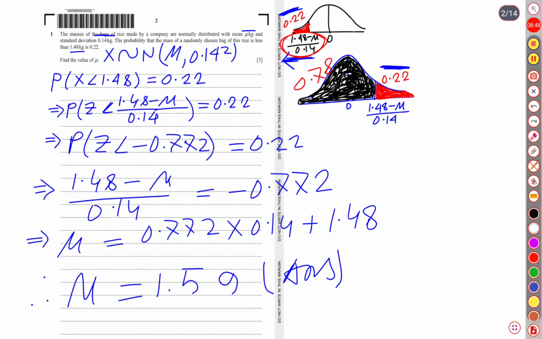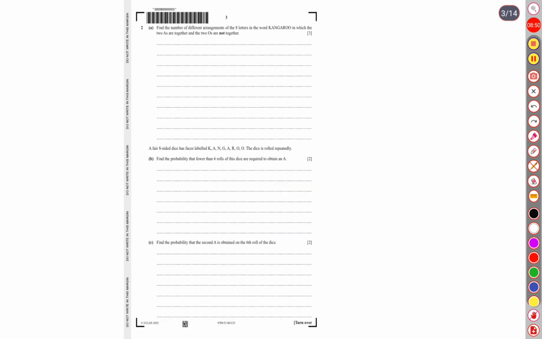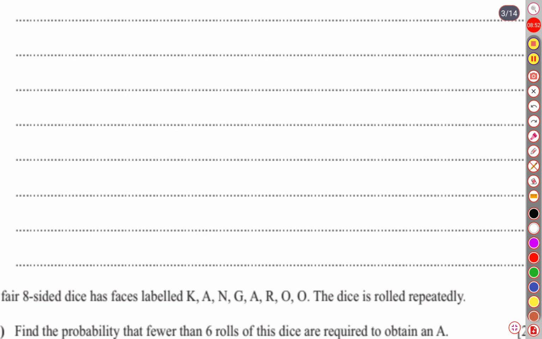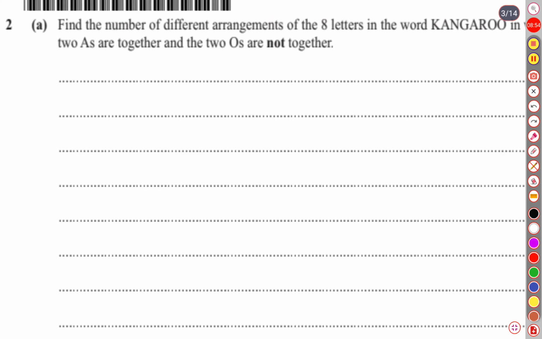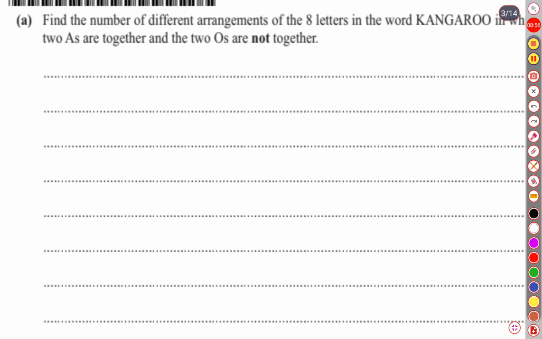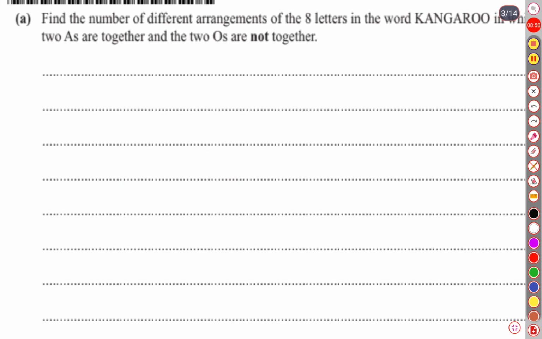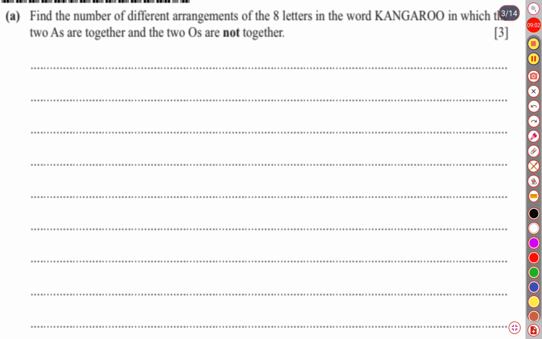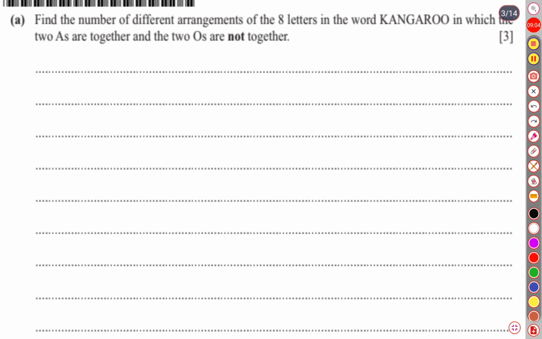The next question says, find the number of different arrangements of the 8 letters in the word kangaroo in which two A's are together and the two O's are not together. So let us draw the scenario first.